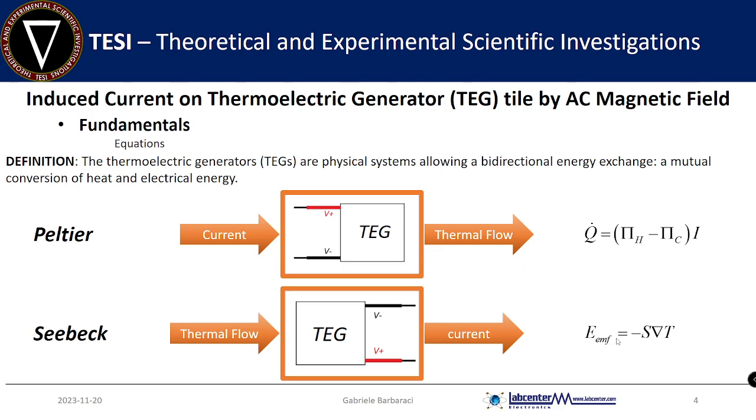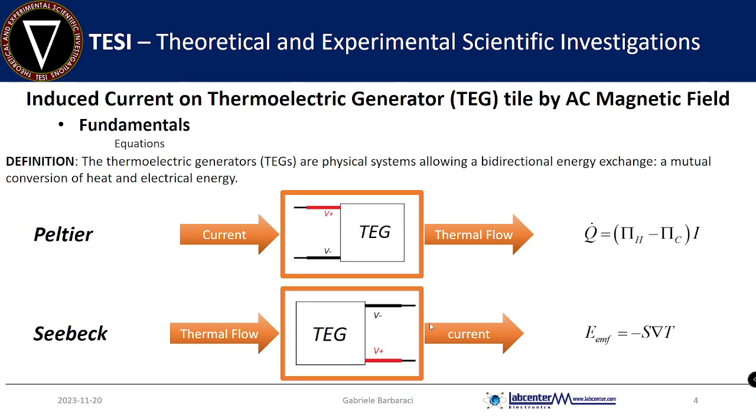However, if we give a temperature gradient through the thickness, through the Seebeck coefficient, we are able to generate electromotive force of the electron. In other words, we are able to generate current, right?